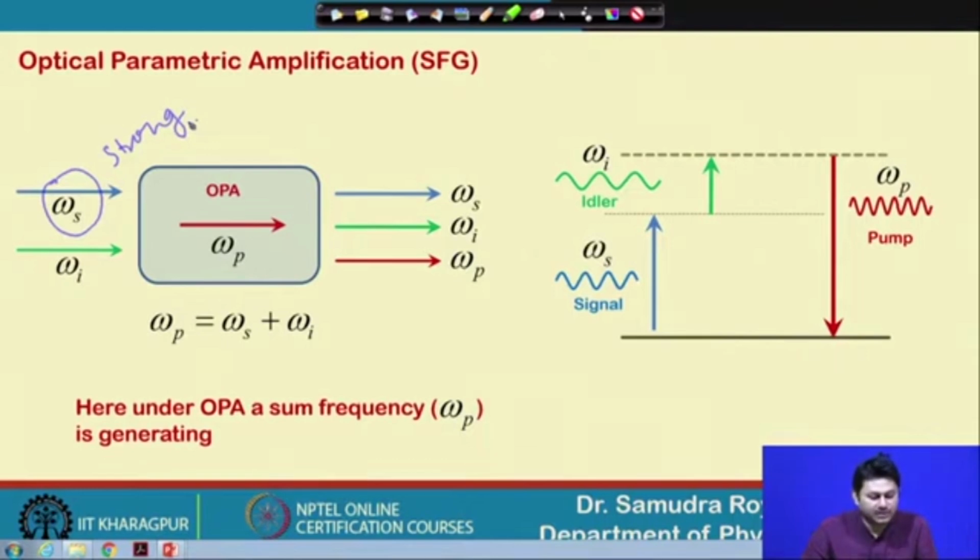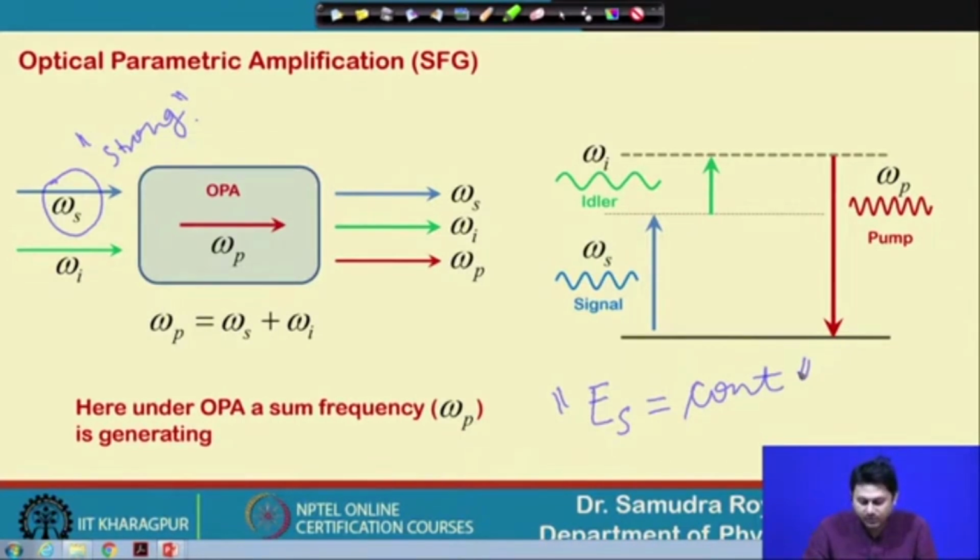The amplitude of this wave is not going to change over distance. That means the field associated with omega s, which I write as E s, we will consider as a constant. We have seen before that whenever we make one variable constant in the coupled equations, it is easier for us to solve that particular equation.